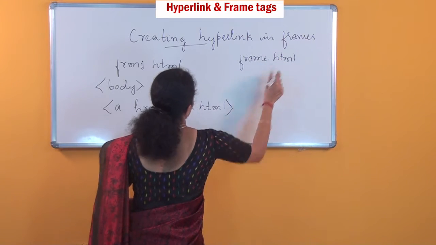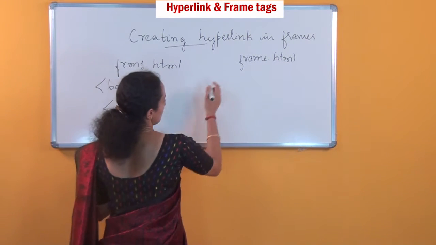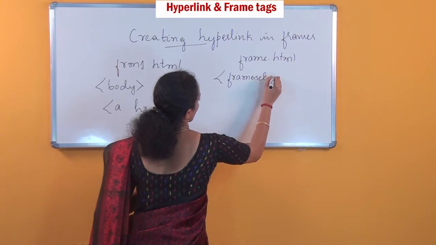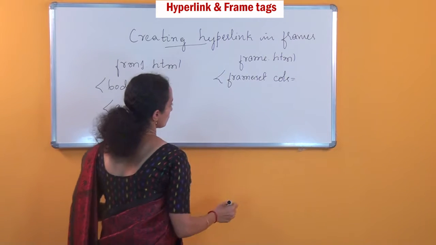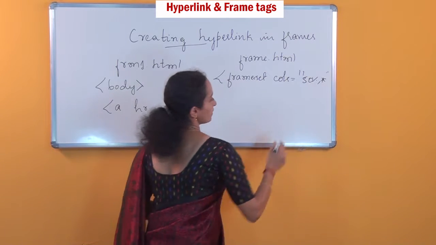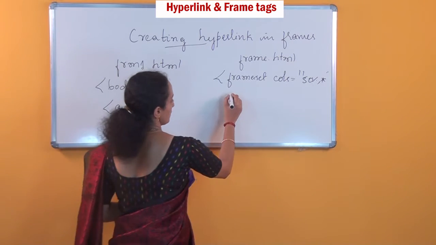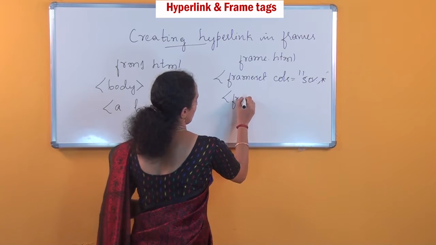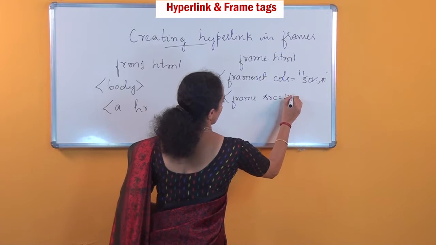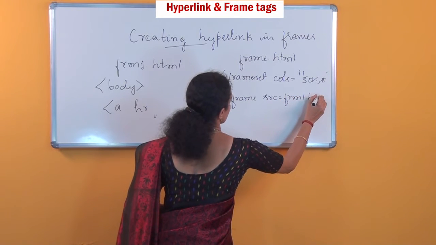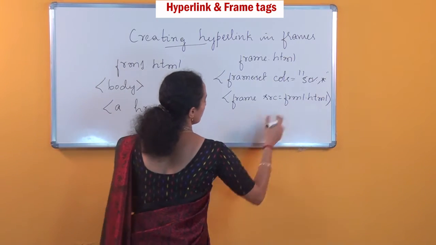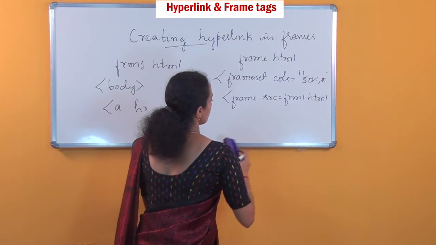Okay, so next in frame.html, what I have to do here: I'll write frameset, I'll create two columns as I've given in the last example. Frame source frame1.html, and we'll give along with this a name to this frame.